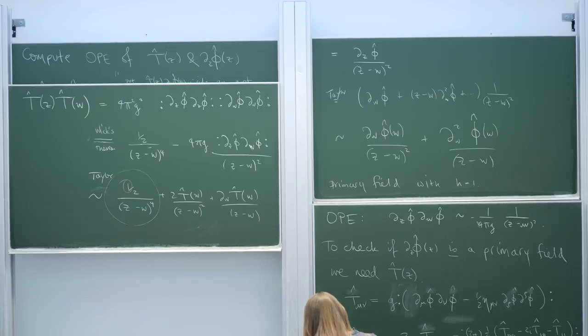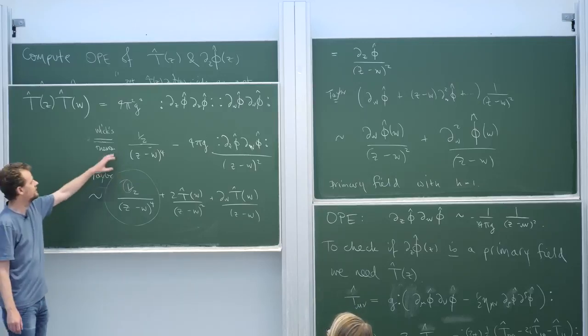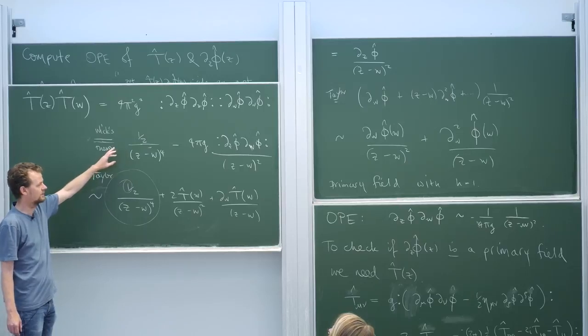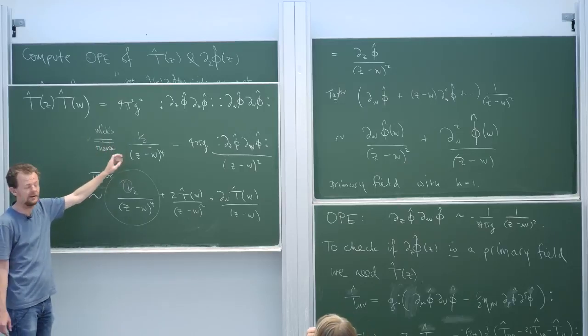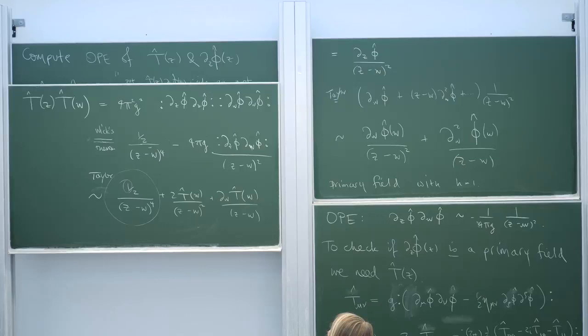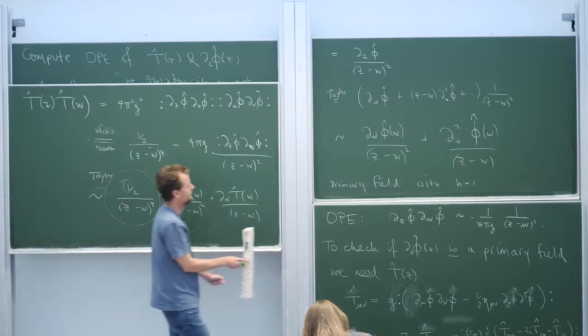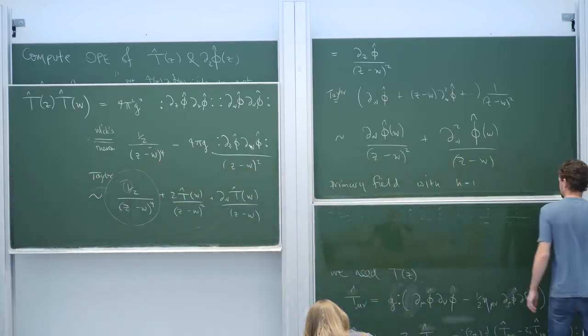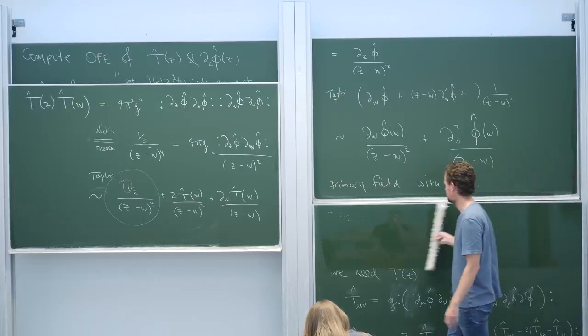And that term, which spoils it being a primary field, actually labels the representation of the conformal group that this theory gives us. And that label is given by this number here, the number 1, which we call c in general. So let's just write out what this looks like in general, and then I'll spend a moment explaining that point.